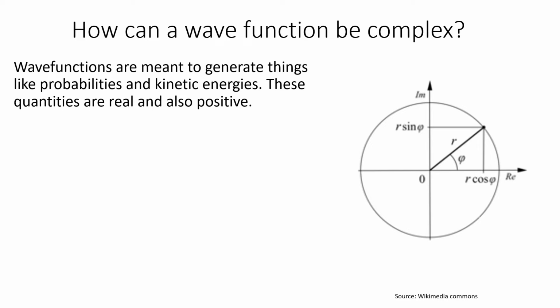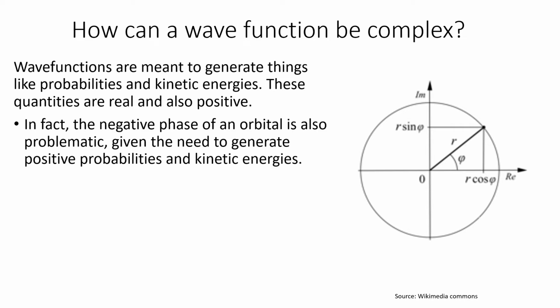And all of these things are real positive things. A probability is a real number between 0 and 1. A kinetic energy is going to be a positive number. And so how on earth can you be describing it with complex quantities? So that is something of a paradox that we see with this complex looking wave function.